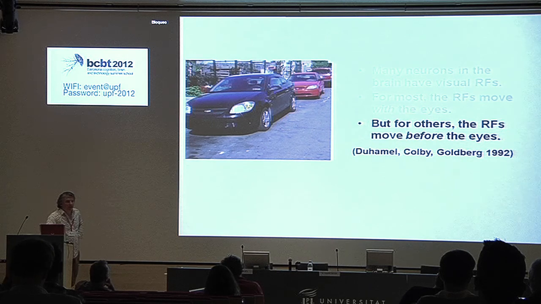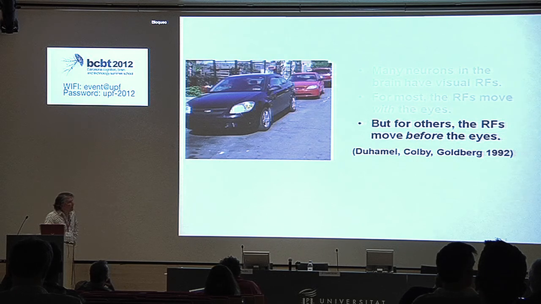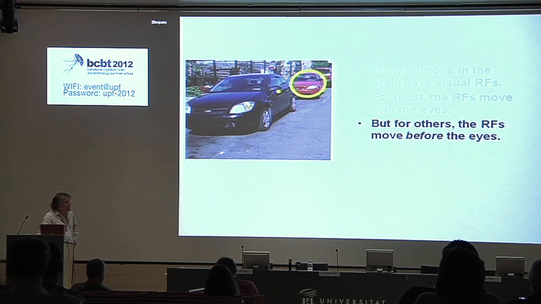But for other neurons in the visual system, and this was discovered first in area LIP in parietal cortex by Jean-René Duhamel, Carol Colby, and Mickey Goldberg in 1992, but it was subsequently shown to occur in frontal eye field and other visual areas as well, the receptive fields actually move before the eyes. They move in a predictive manner. So again, if the monkey is fixating here, the receptive field will be on the red car.